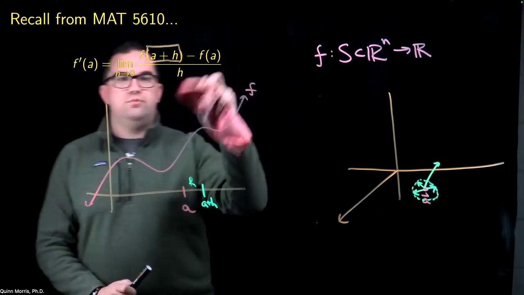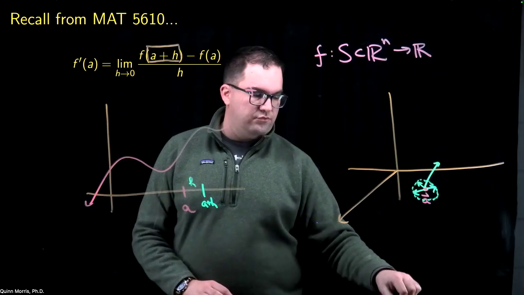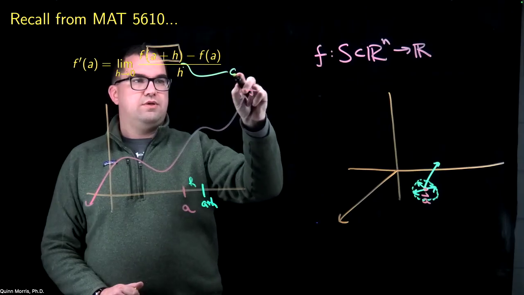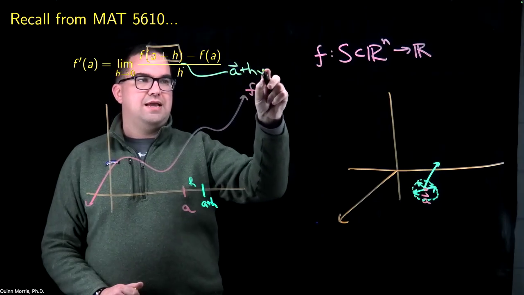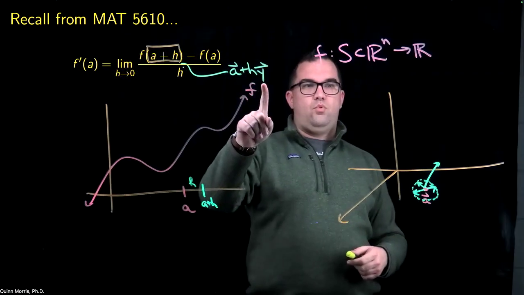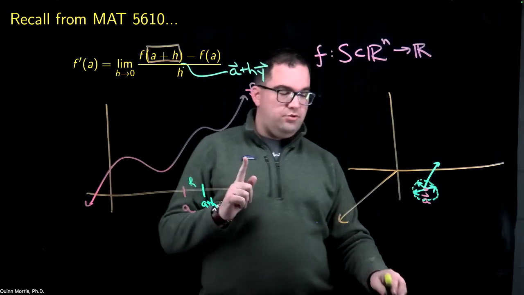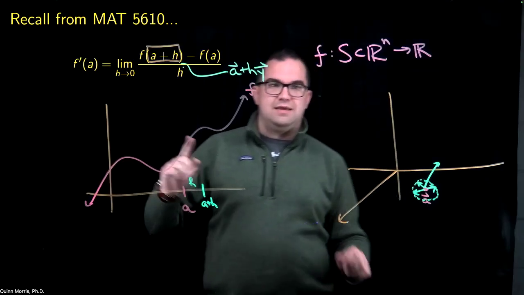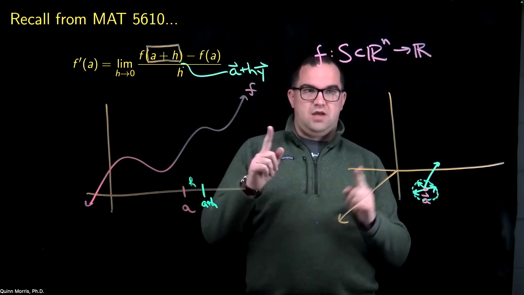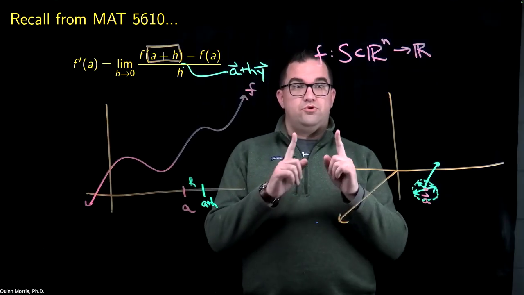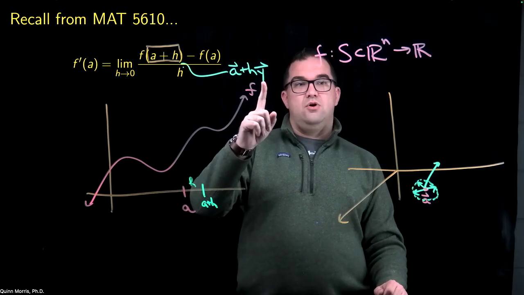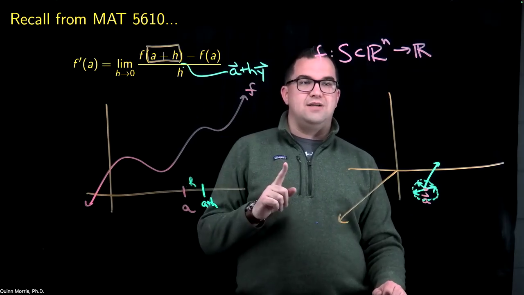So what I'm going to do is come up here and replace this a plus h with a plus h times y. Now again, my answer is going to depend on what y I choose. So there is no single derivative of f at a, at least not using this notion. However, there is a derivative of f at a with respect to whatever y vector I choose here.